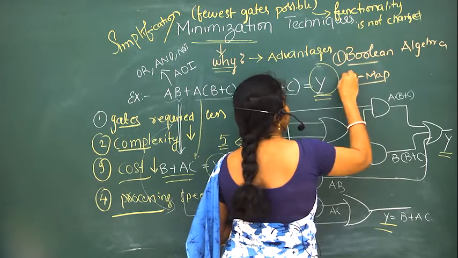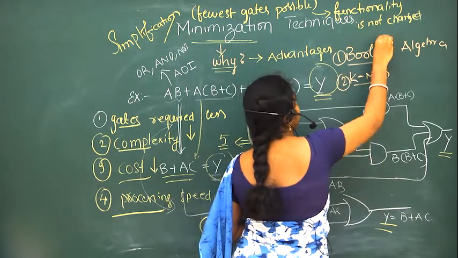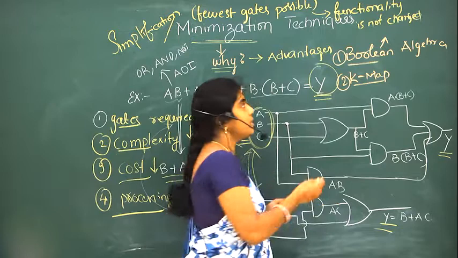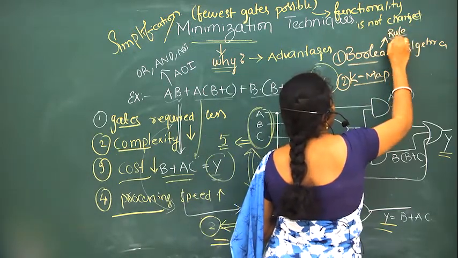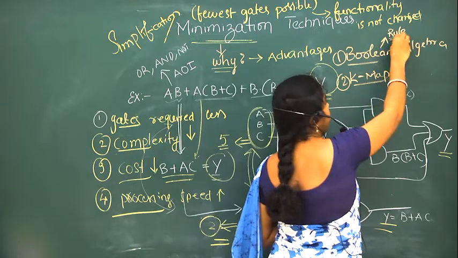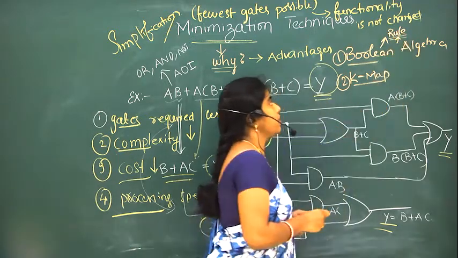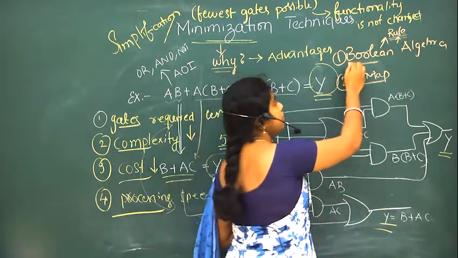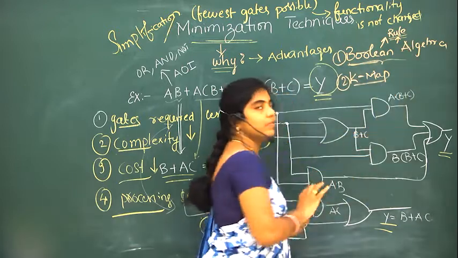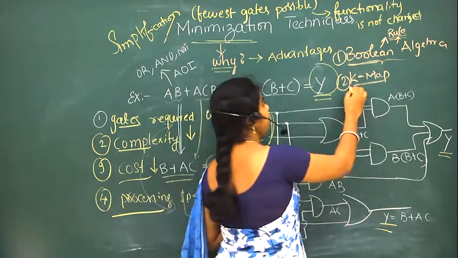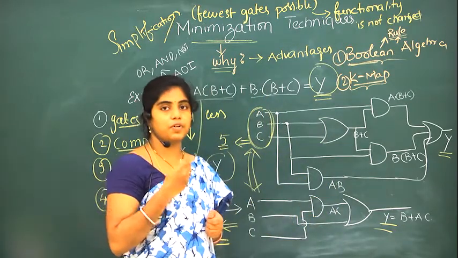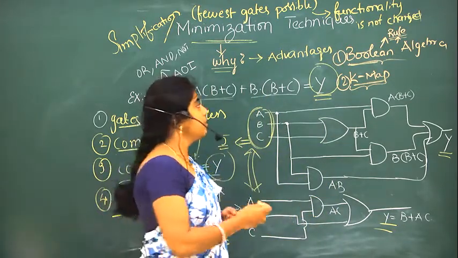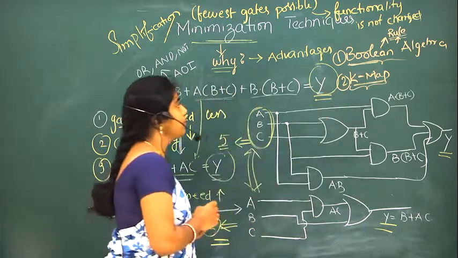In Boolean algebra, we are going to learn about some rules and laws of Boolean algebra, and by understanding them, we are going to minimize the Boolean expression. In K-map, we are going to discuss SOP and POS forms of Boolean expression, and then minimization through K-map.